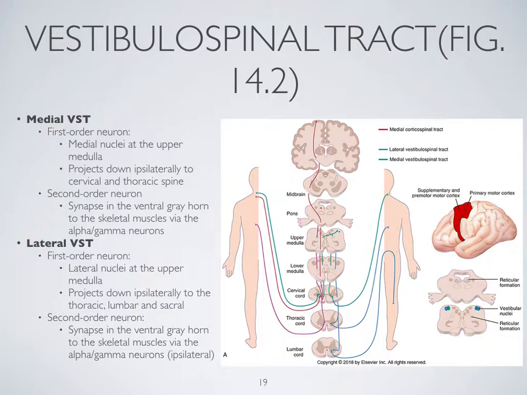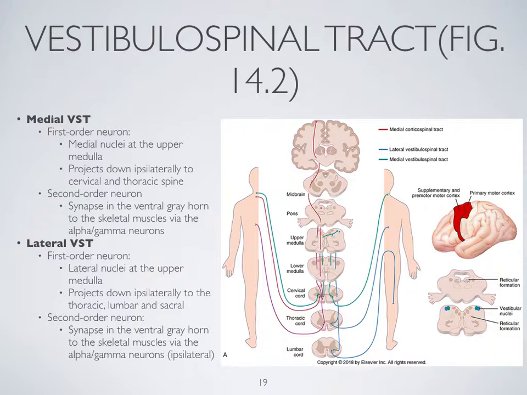So the uniqueness about this tract is that it stays ipsilateral. It does not cross. As we can see in this diagram, the blue segment is our lateral tract and the green one's the medial. So we're going to follow that green one first. What happens is this one axon is going to synapse on bilateral nuclei, okay?